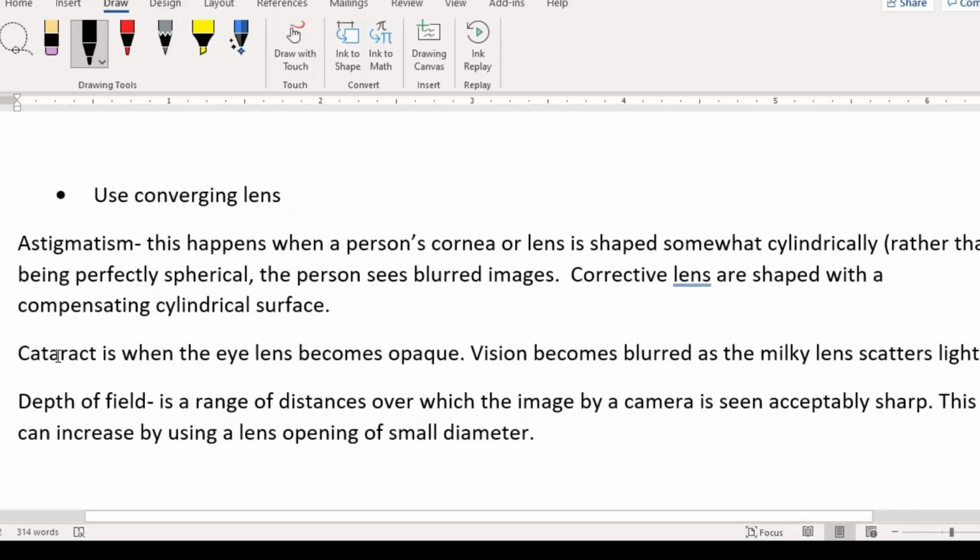Here we have another one called cataract. This is when the lens becomes opaque, and the vision becomes blurry as the milky lens scatters the light itself.